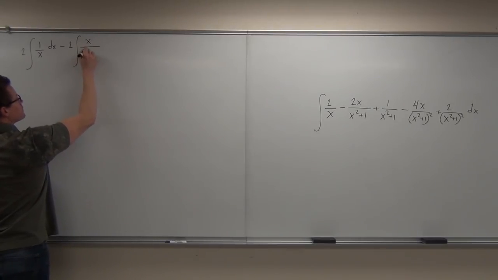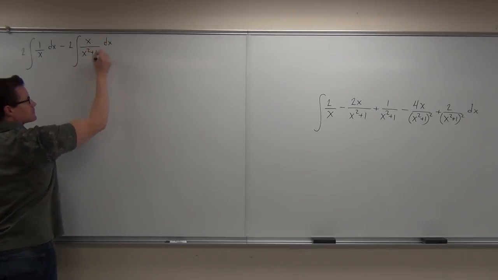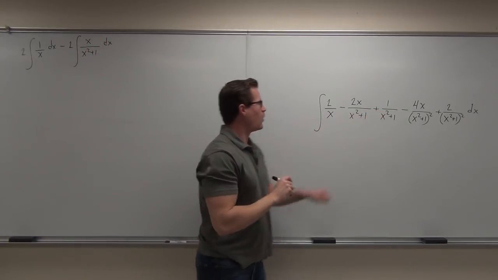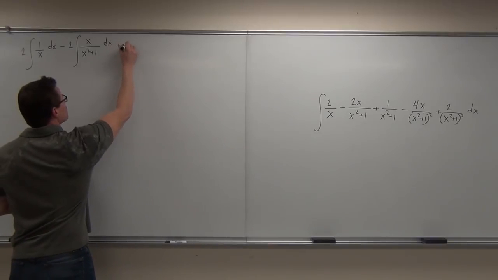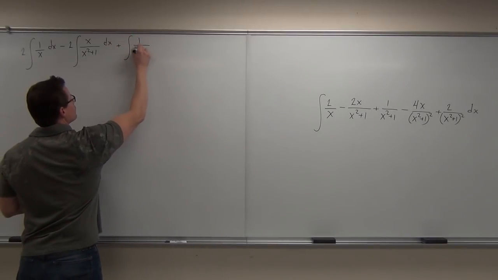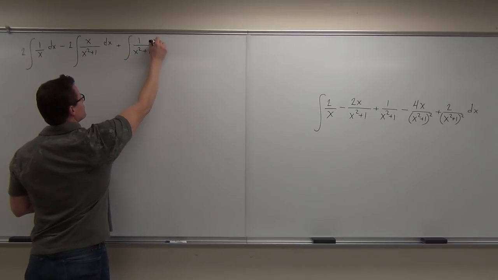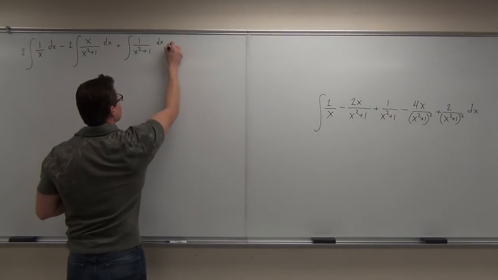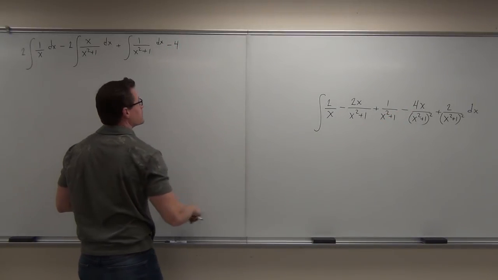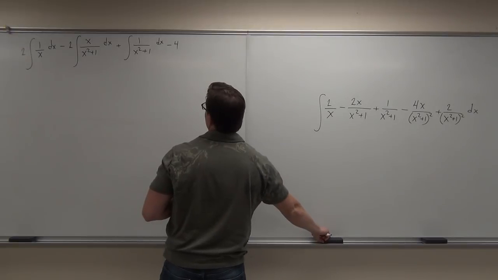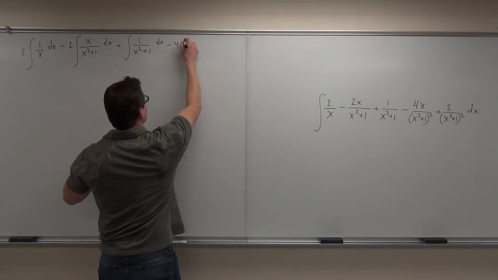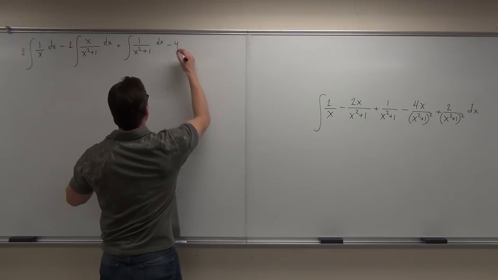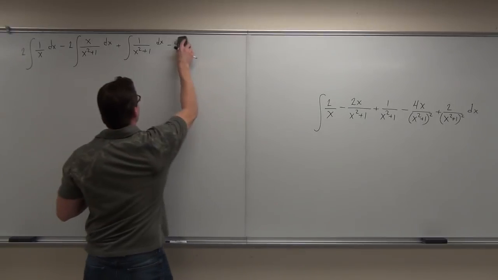We're going to have plus the integral of 1 over x squared plus 1 dx. We'll have minus 4. You know what, I need more space for this one. Oh, that should be fun. Yeah, I need more space for that one.